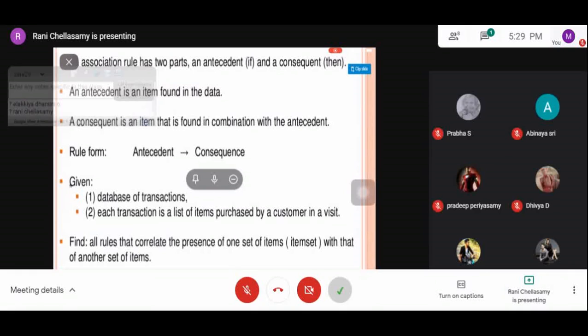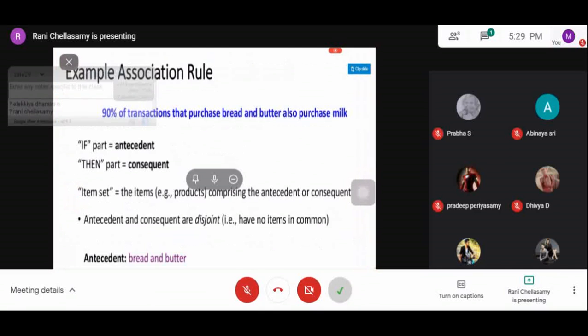For example, 98% of the people who purchase tires and auto accessories also get automotive service. So if a person is buying tires and auto accessories, he might also be given some service offers.